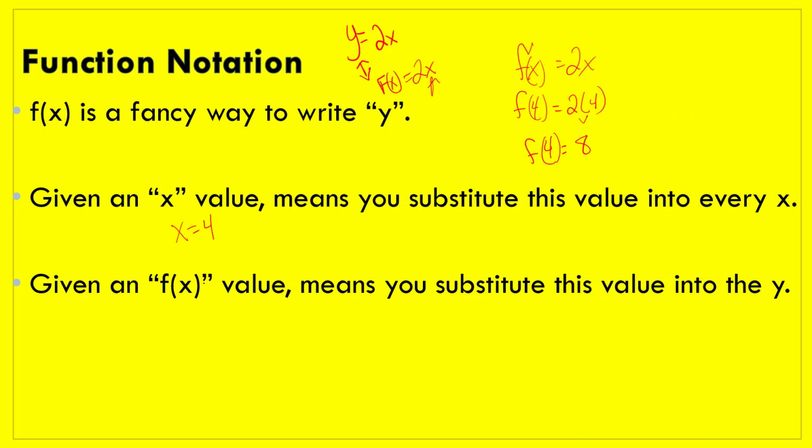If we're given an f of x value, so something like f of x is equal to 4, then we can do the same thing. We have our f of x is equal to 2x, but we're substituting in our f of x for 4. And now all of a sudden we know that x is equal to 2.